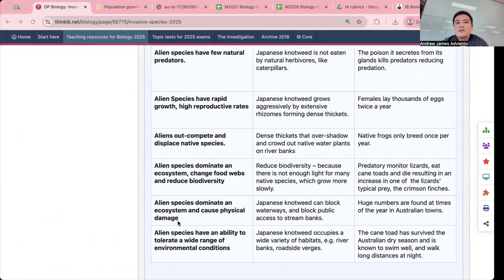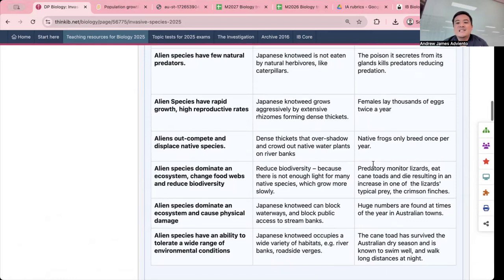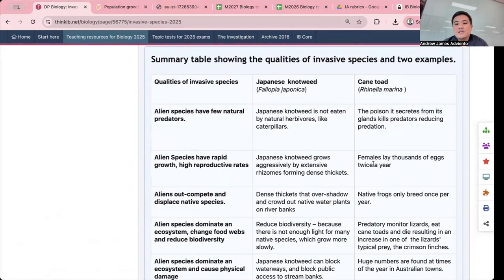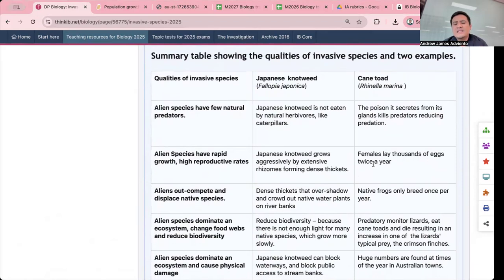We also have disease introduction. Invasive species can carry pathogens to which native species are not resistant. Like what happened to some ancient civilization. I think that's the Aztec Empire, and they were wiped out because of the smallpox brought by the Europeans.